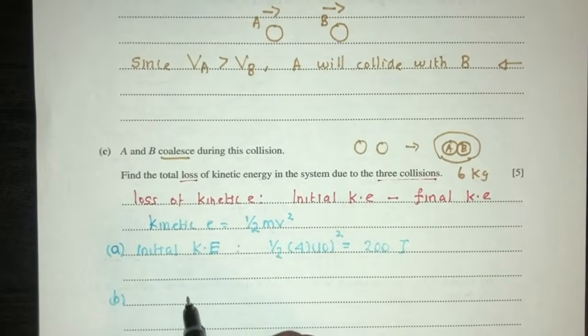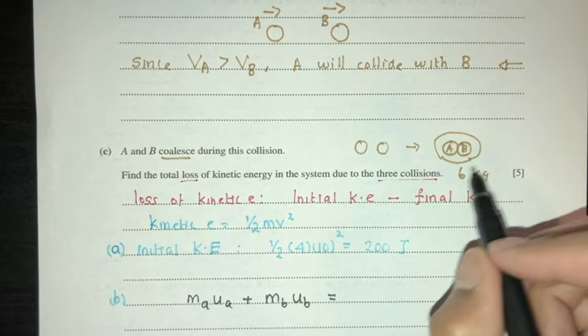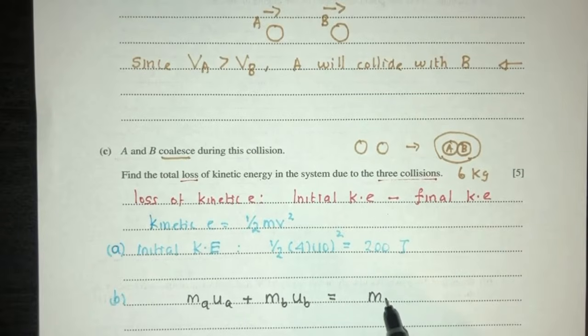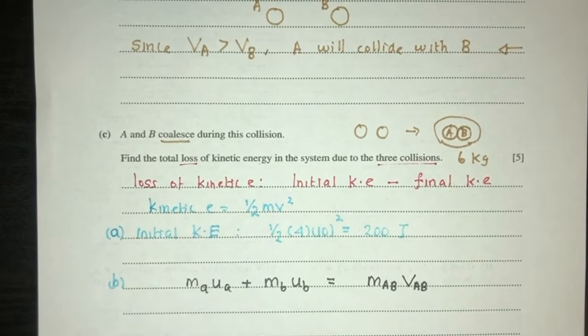So we have m of A times u of A plus m of B times u of B is equal to, since they are together now, we call this m of AB and then the speed of AB together, right? Because they're moving as one body. So that will be the equation that we need to use.